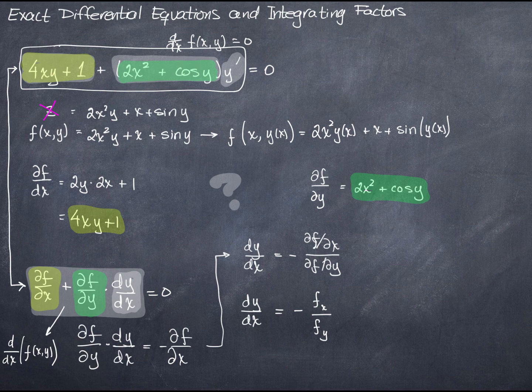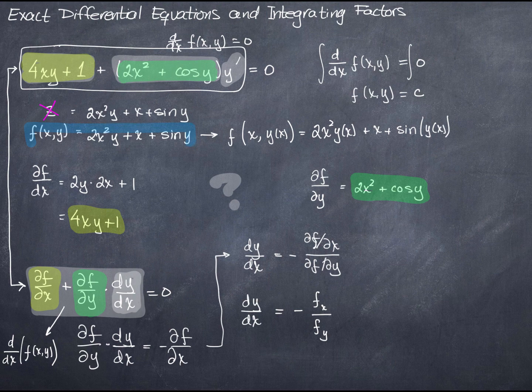All right, so here's where the magic happens. If I have the derivative with respect to x of a function f of x comma y, and that's equal to 0, and I integrate both sides, I get just f of x, y equals a constant.